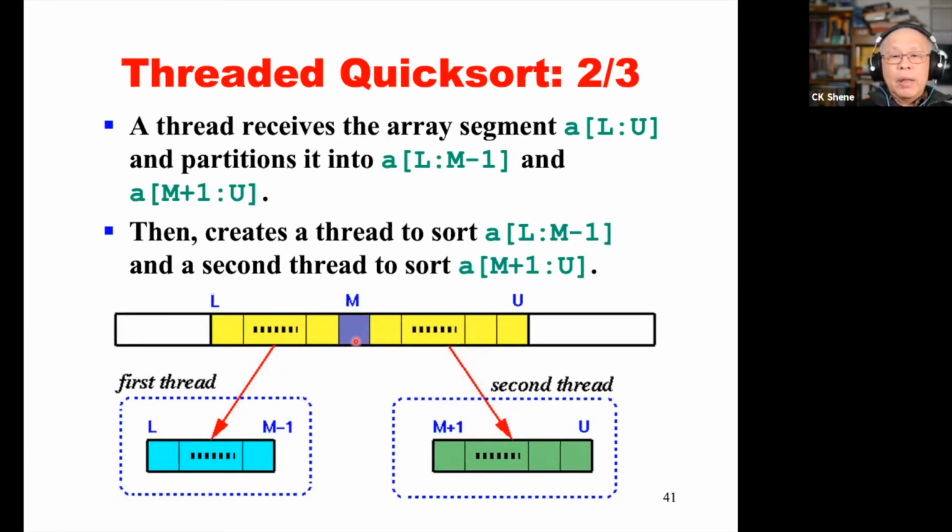Anyway, when you get the pivot element, sorting L to M minus 1 and sorting M plus 1 to U are two independent tasks. So we could create a first thread to sort this part. After creating the thread and running it, we could immediately create the second thread and run it to sort the right section. So this thread and this thread run concurrently. So this is the idea.